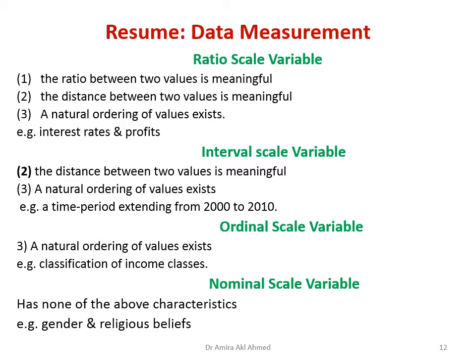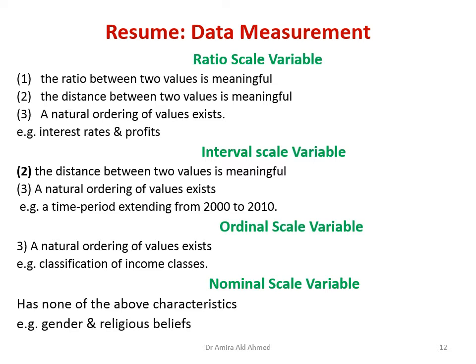In general, economic and financial variables are organized under 4 categories. These categories are ratio scale, interval scale, ordinal scale, and nominal scale. A ratio scale variable satisfies 3 criteria. First, the ratio between two values of such a variable is a meaningful number.